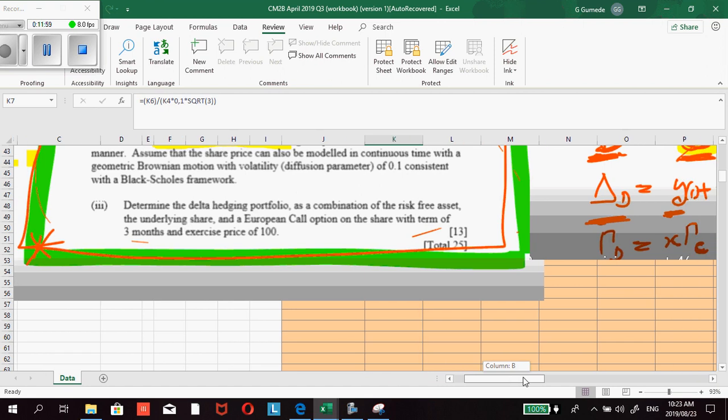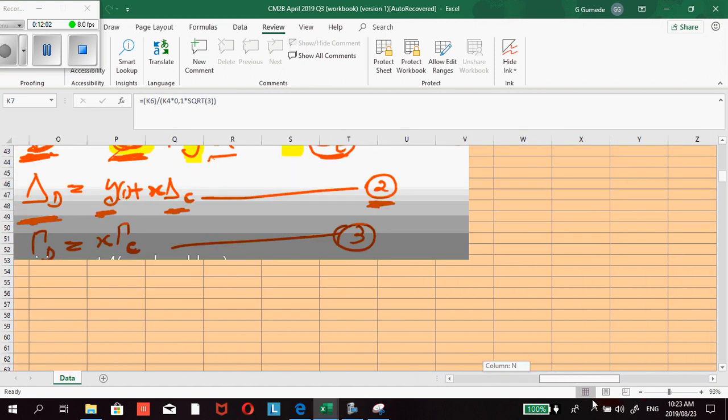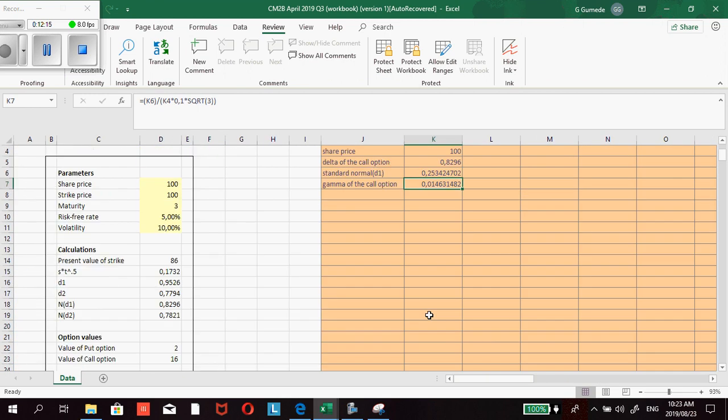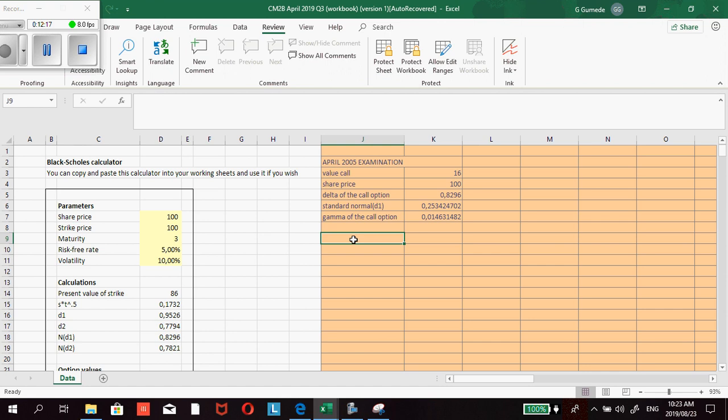Now I'm ready to calculate the value of X, because X will be the gamma of the derivative I'm hedging divided by the gamma of the call option.